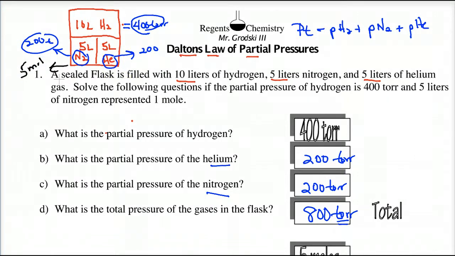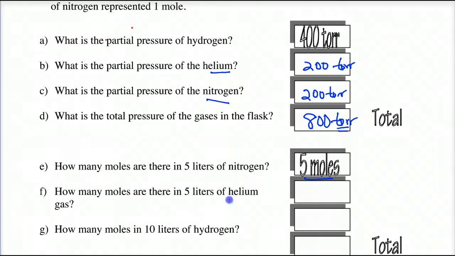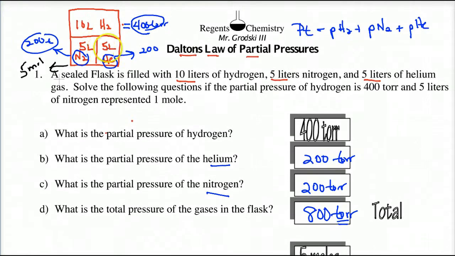Well, if there's 5 moles of nitrogen, how many moles are there in 5 liters of helium gas? That's pretty simple. If they have the same volume under the same conditions of temperature and pressure, they have the same number of particles. So there's 5 moles of helium.